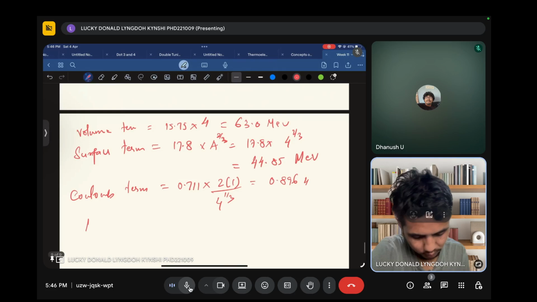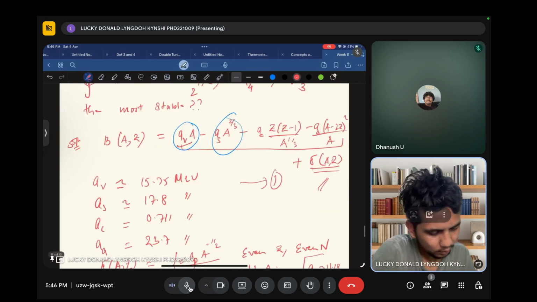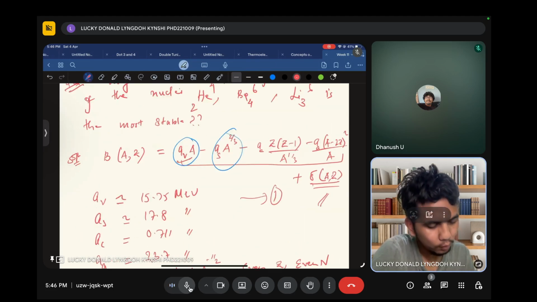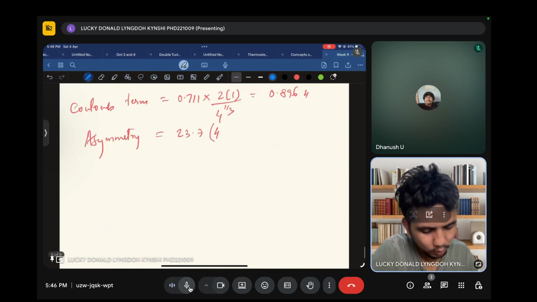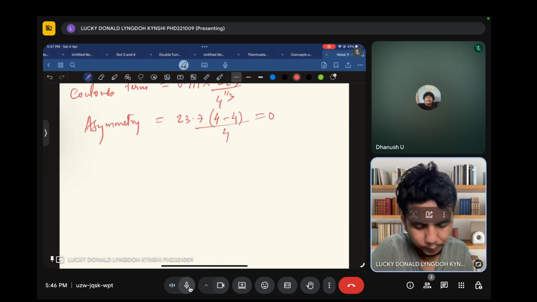The asymmetry term is 23.7 times something. Since the proton and neutron numbers are the same, if you look at it, we get A minus 2Z. A is 4, minus 2 into Z, which is 2, you will get 0. So you get 4 minus 4 divided by 4, which is automatically 0.